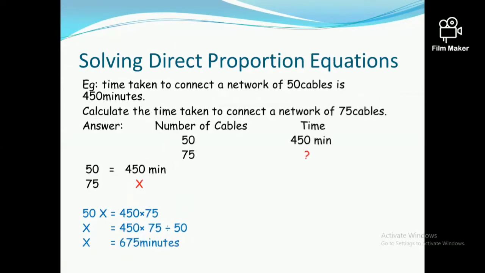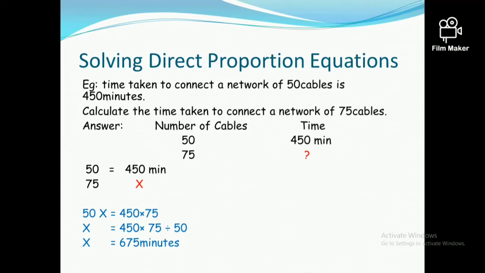Let's try the second example. Time taken to connect a network of 50 cables is 450 minutes. Calculate the time taken to connect a network of 75 cables. Now see, in a network, if you have to connect more cables, we know that definitely we need more time for that.